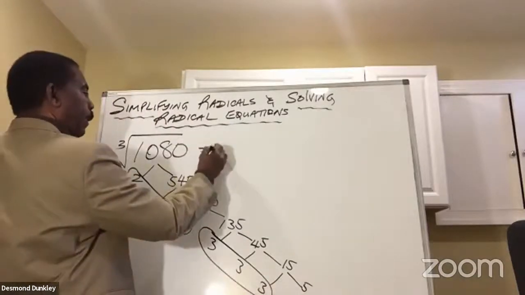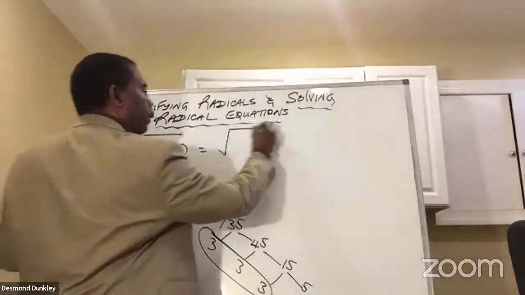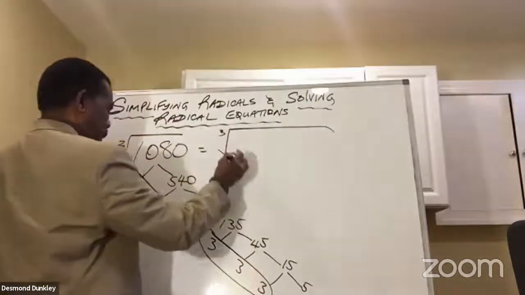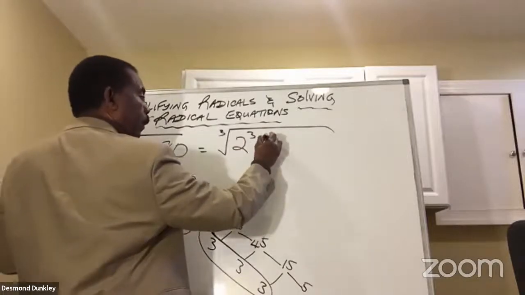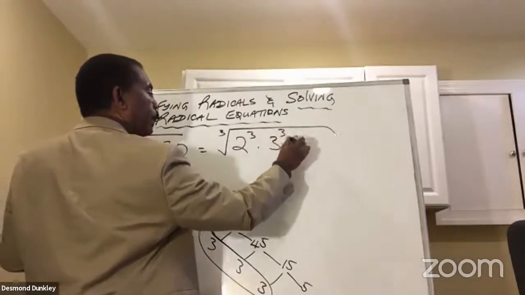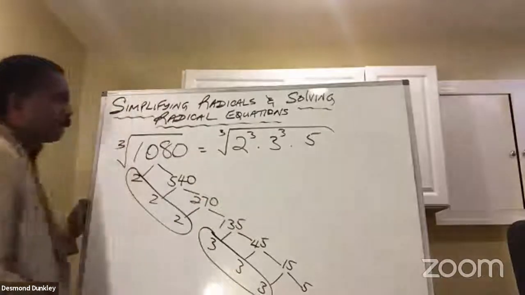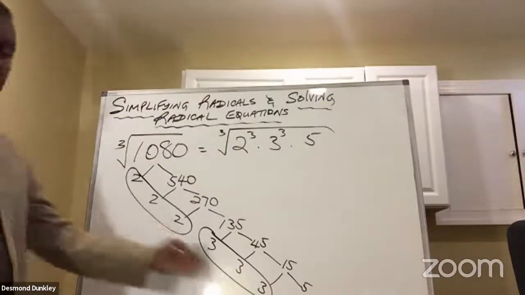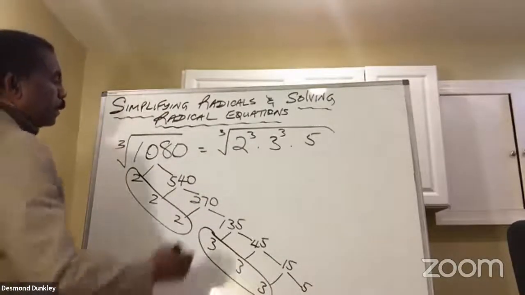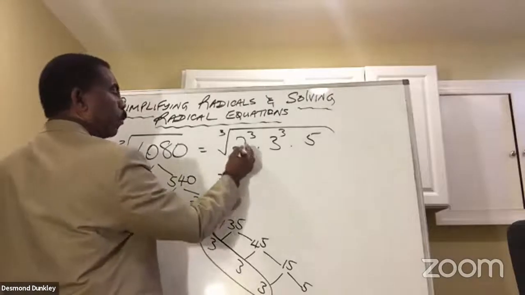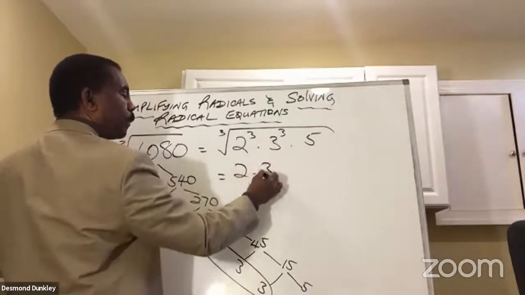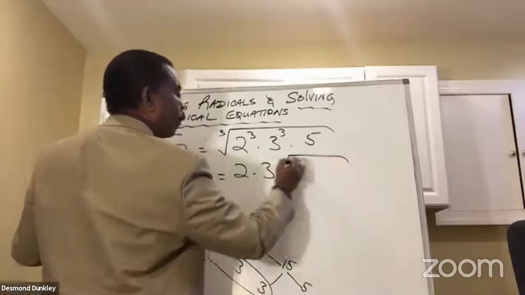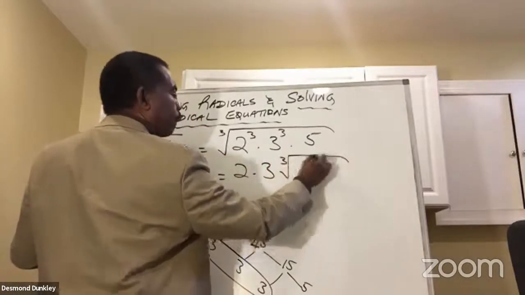So this is equal to the cube root of 2 to the third times 3 to the third times 5. That's what you get from the tree diagram. So we end up with cube root of 2 cubed is 2, times cube root of 3 cubed is 3, and we end up with cube root of 5.